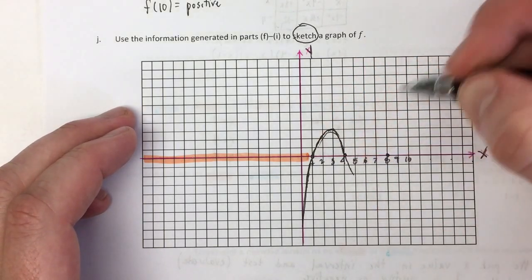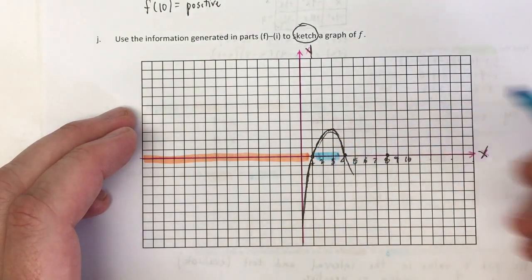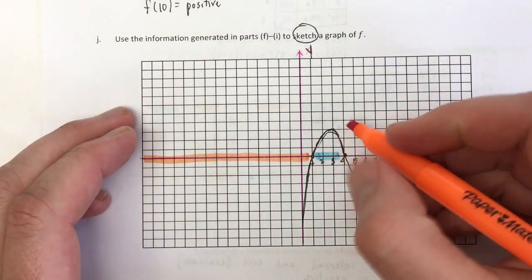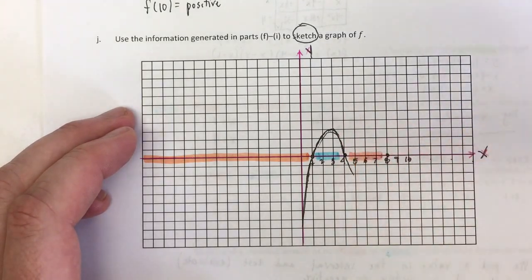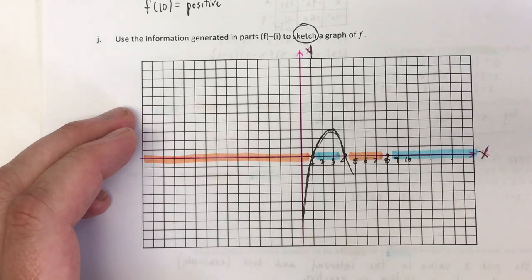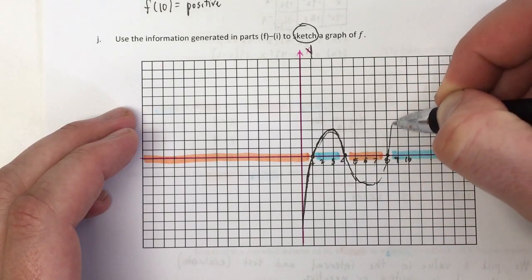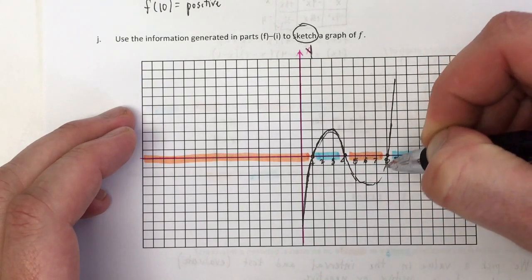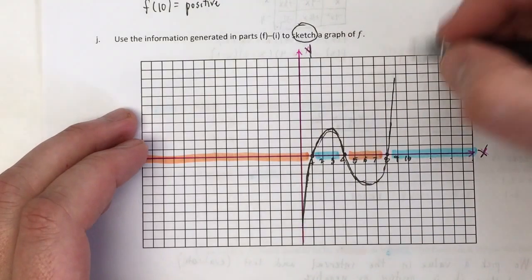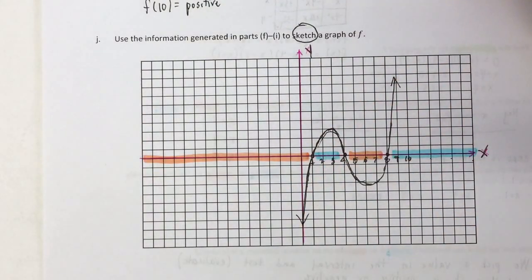And then it's negatives. So this interval would be blue, it's positive. And then we bridge down into the negatives again. And then for the rest of the number line, or all the inputs, it's going to be positive again. So this is our graph. It's just a sketch. Put your arrows indicating it's going to keep going on and on.